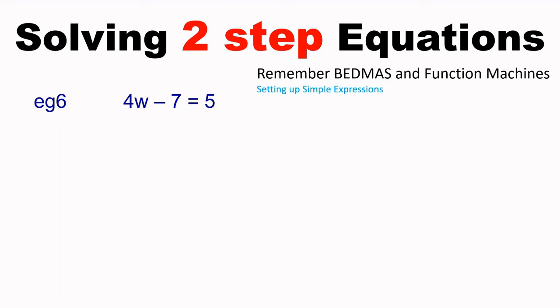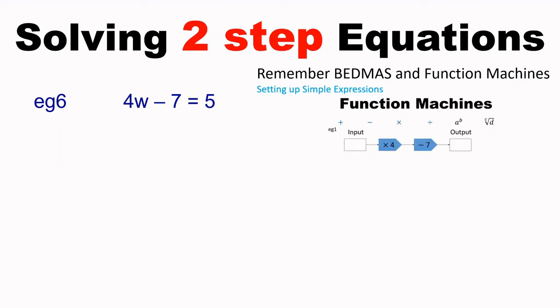And we're going to use function machines to explain this a bit more clearly for you. So I'll link down our lesson on setting up simple expressions, as well as our function machine lessons down below too for you. But in our setting up simple expressions lesson, we saw a function machine that did just this.